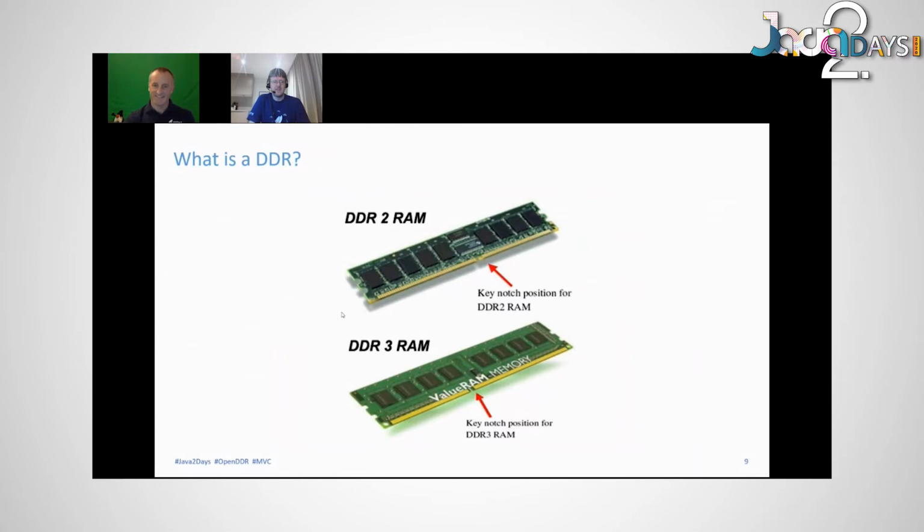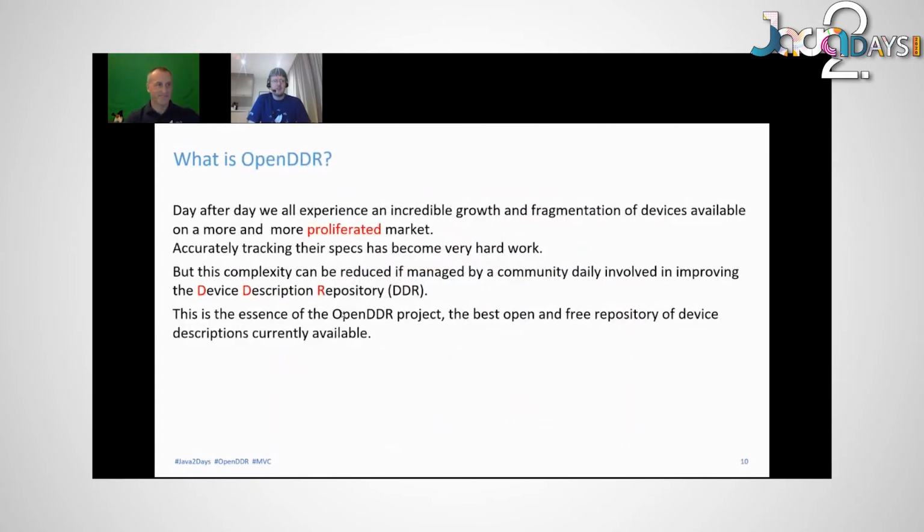So OpenDDR is currently the last surviving open source project that implements the Device Description Repository standard. That's a W3C spec that was finalized in 2008. It's now pretty stable.